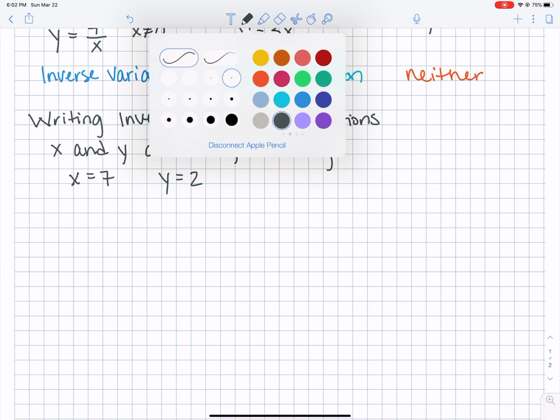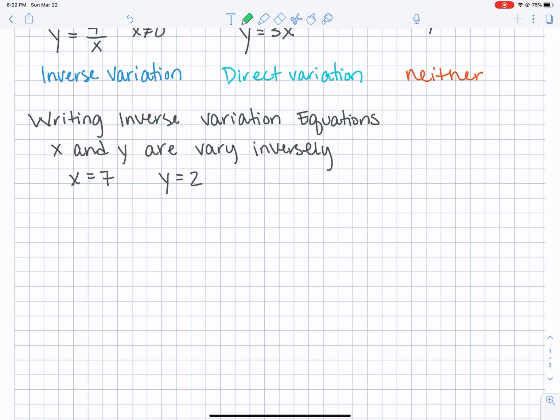So we're just going to write an equation with x and y, but leaving a as our variable. So we know that 2 is equal to some number, which we're going to use a for, over 7. And from here, you guys are all experts.